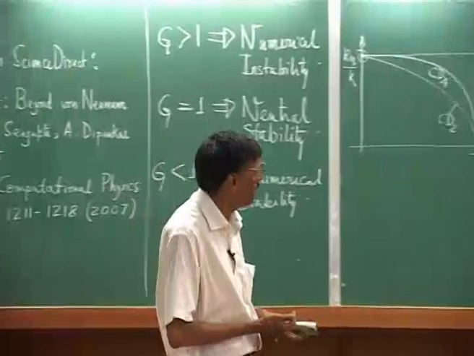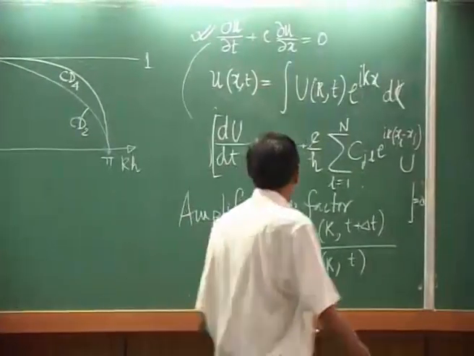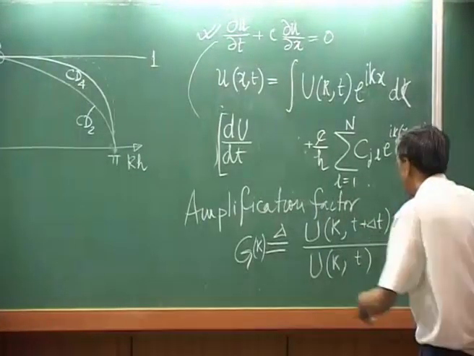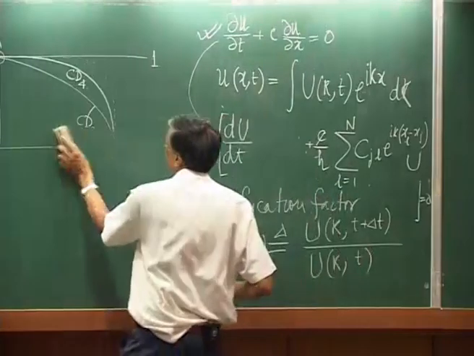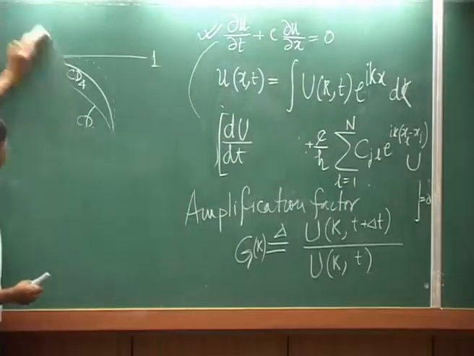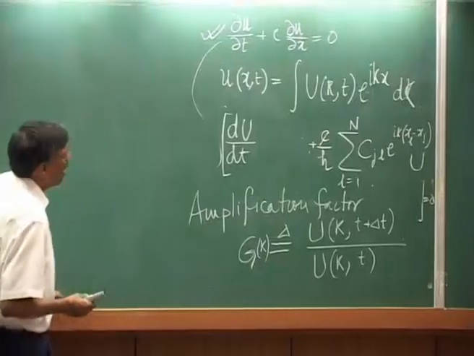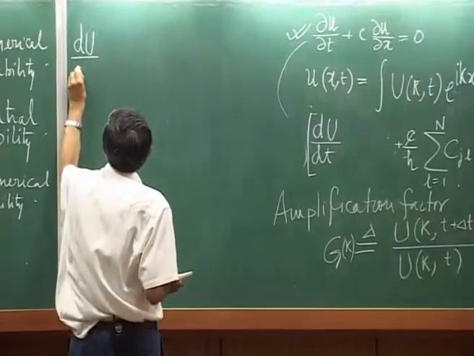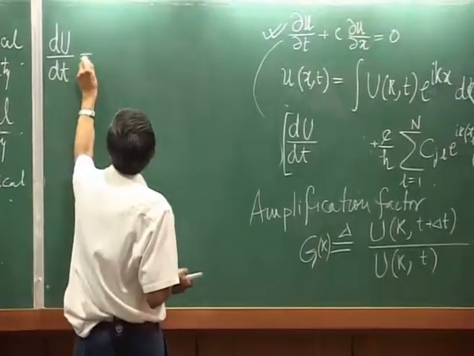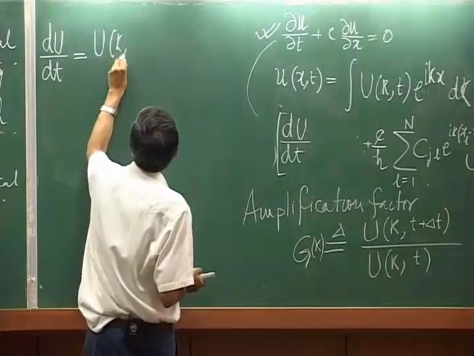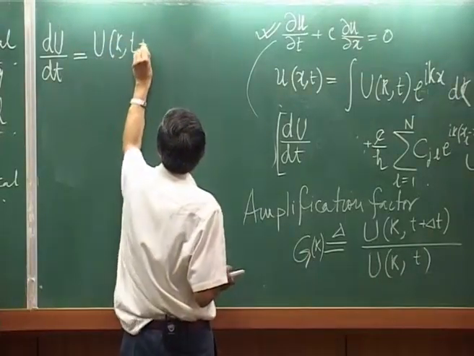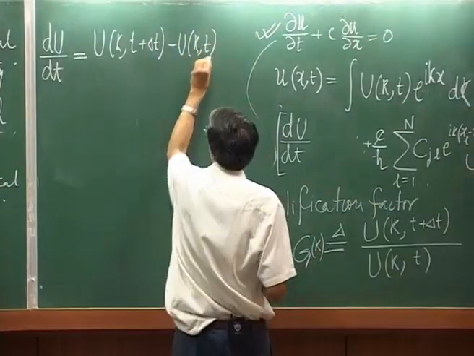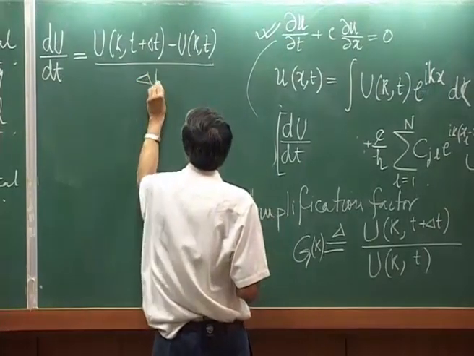So, once I have written it down like this, now suppose I perform a Euler time integration. So far we have been silent about what we are doing with the time integration. So, let us say I am performing a Euler time integration on this term. What I would do is write it as u of k, t plus delta t minus u of k and t, divided by delta t, right.